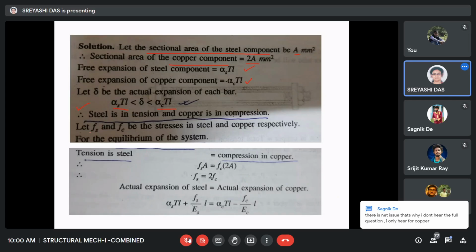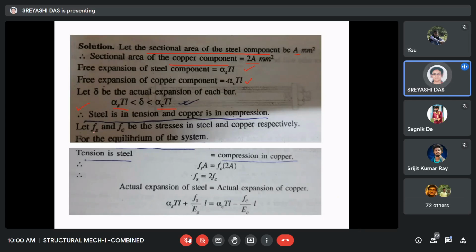Now let Fs and Fc be the stresses. In the previous cases, I showed it in terms of sigma 1, sigma 2. So here the stresses are named Fs and Fc for steel and copper respectively.